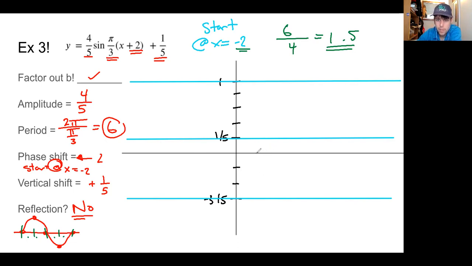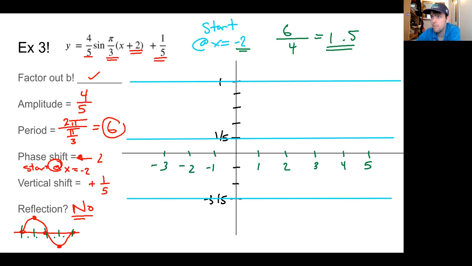So I'm going to go 1, 2, 3, 4, 5, and then go negatives. -1, -2, -3. And I already know where things are going to go.